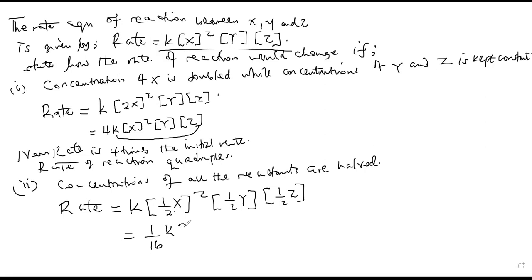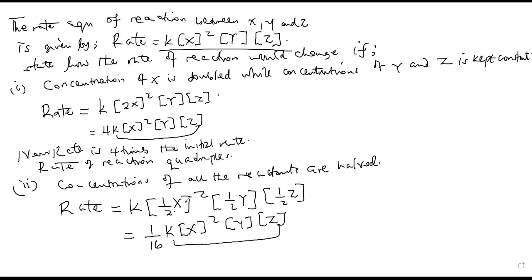Then k, X squared, Y, and Z. So this is the initial. So it is decreasing by 16, or is 1/16 times the initial.